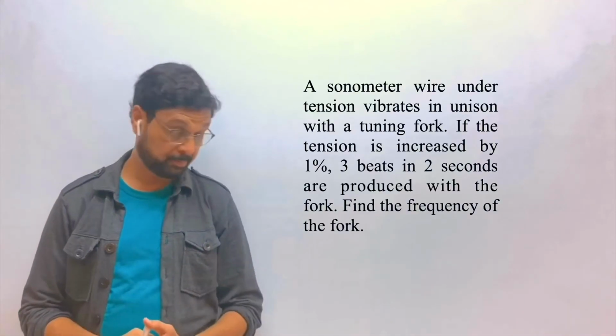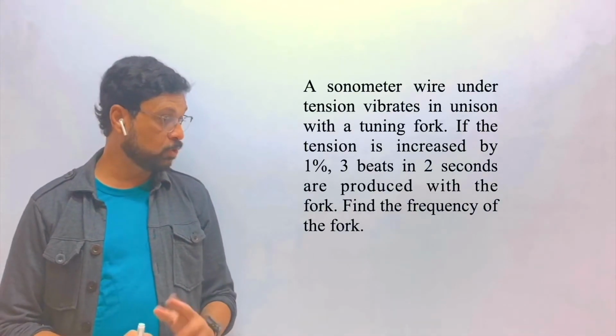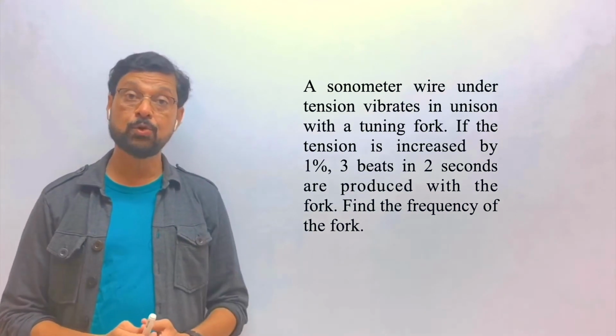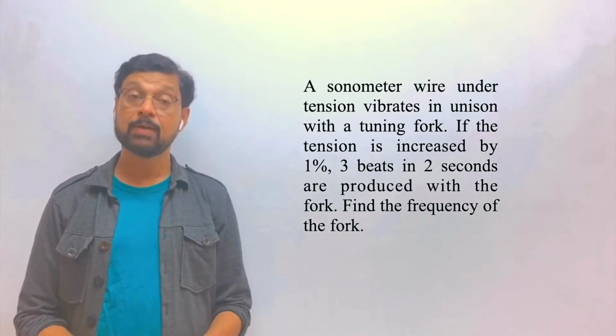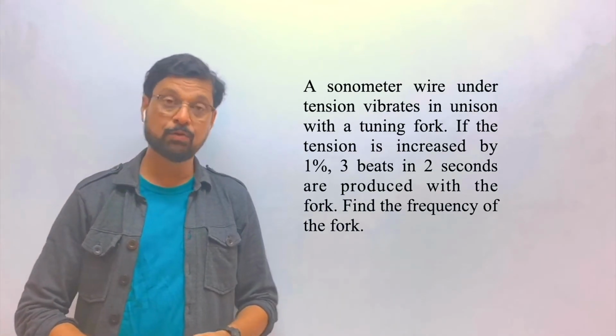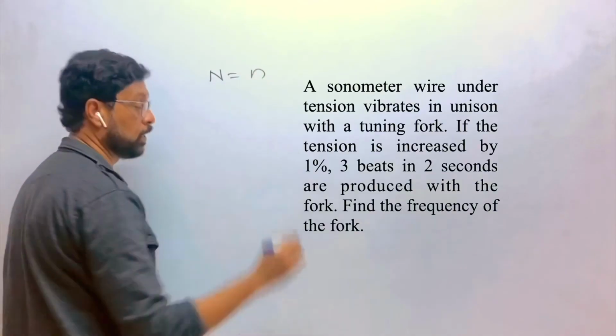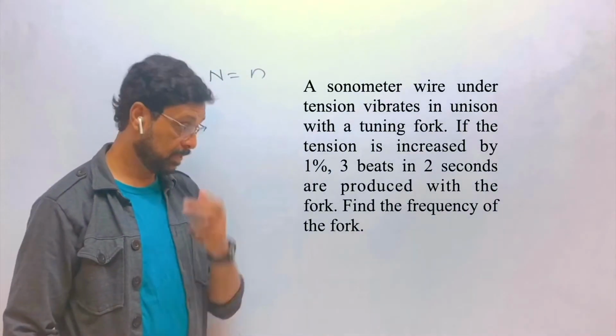A sonometer wire under tension vibrates in unison with the tuning fork. It vibrates in unison with the tuning fork, means their frequencies are equal, means frequency of the fork is equal to frequency of the wire.